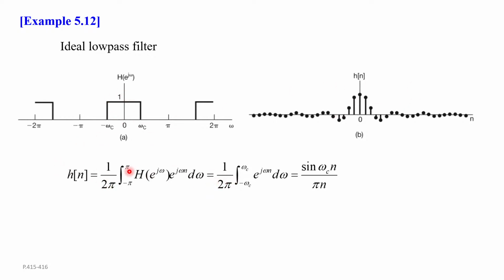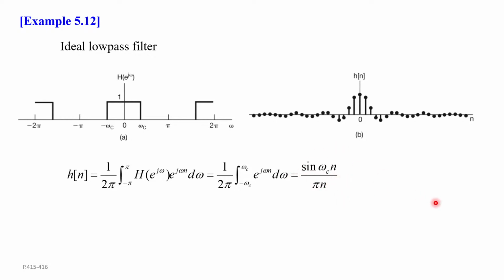And you can calculate the inverse Fourier transform here as some finite integral. The inverse Fourier transform is integrating over a period of 2 pi, with e to the j omega n, but you cut off from minus omega c to omega c, and you do the integral, and you see this sinc function.